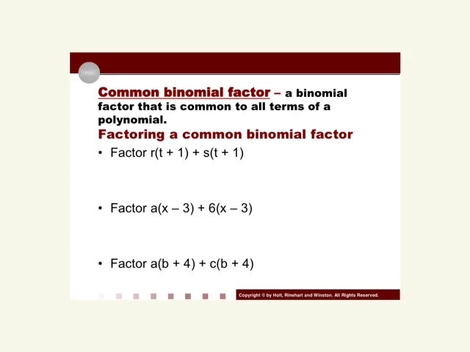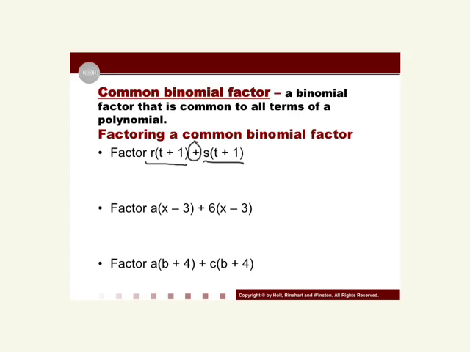Well, now, we're going to factor by using a common binomial factor. And that just means it's a binomial that's common to all the terms of the polynomial. If you notice here, this represents a product. This represents a product. And so those are separated by that plus sign, which means that we have two terms.